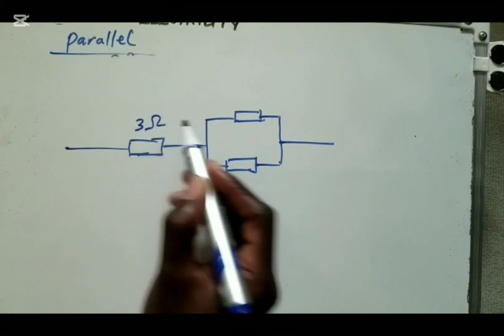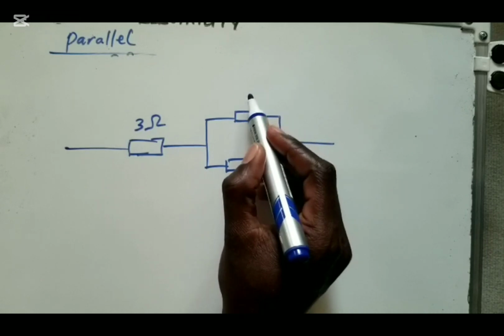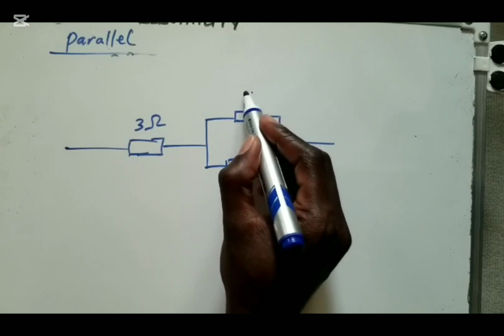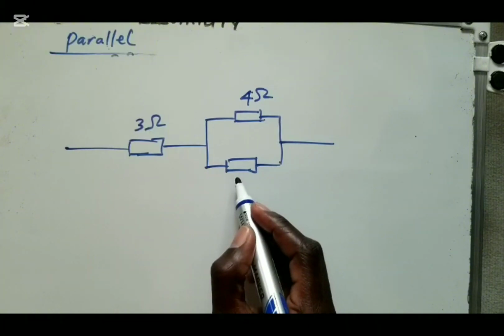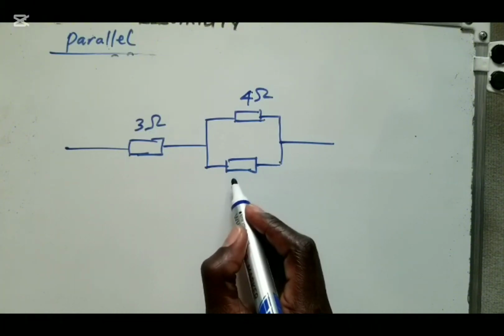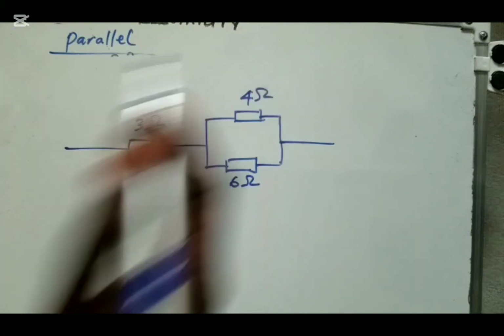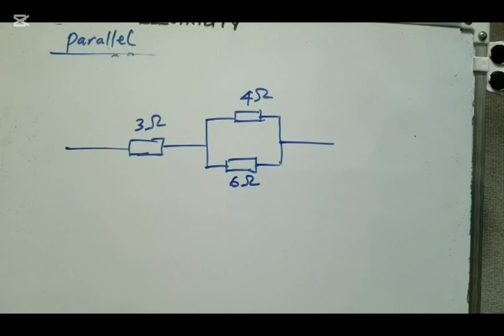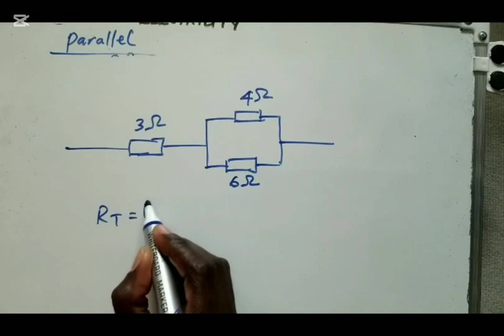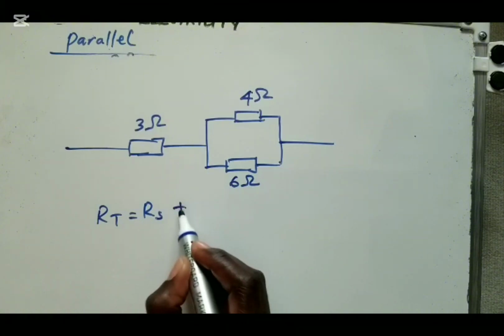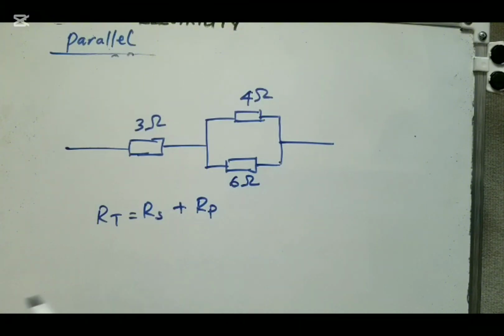Let's say that is 3 ohms, this is 4 ohms, and that is 6 ohms, and they tell you to find the total resistance. You don't need to worry.